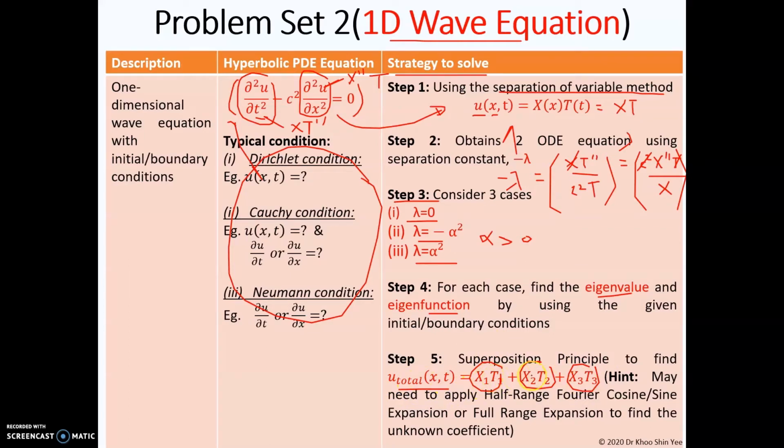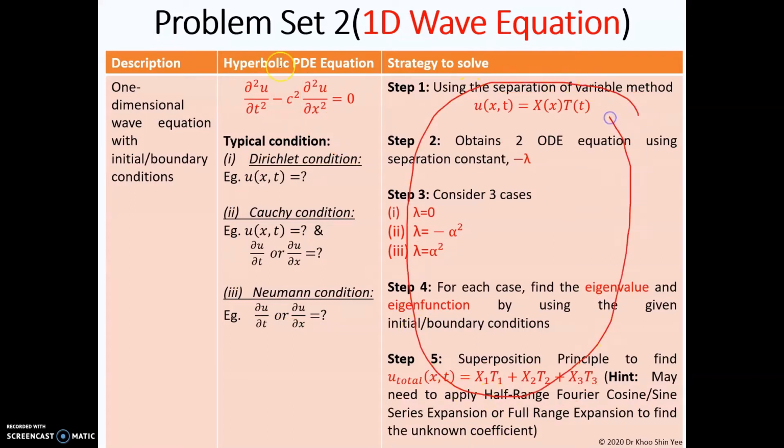If the total solution has unknown coefficients, then you may need to apply the half-range Fourier cosine or sine series expansion or the full-range Fourier series expansion in order to find the unknown coefficients. In fact, we are using the same strategy to solve the wave equation here, similar to the heat equation that you solved previously. Please make sure you master this strategy.